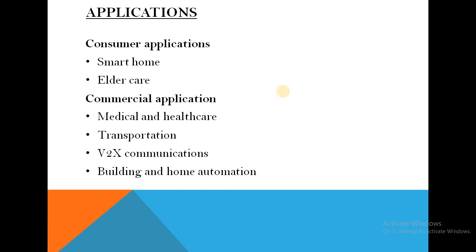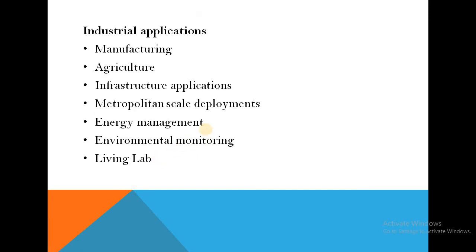Applications of the IoT: there is a huge list of applications with the IoT. In consumer applications, we can say the IoT can be used for smart homes and elder care. In commercial applications, we can use IoT in medical, healthcare, transportation, V2X communications, building and home automation, and in industrial applications.